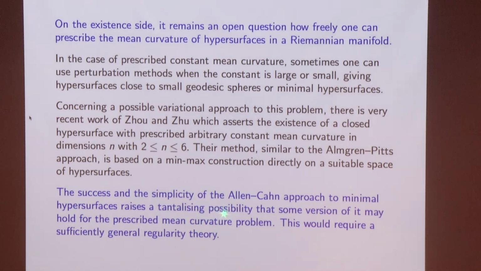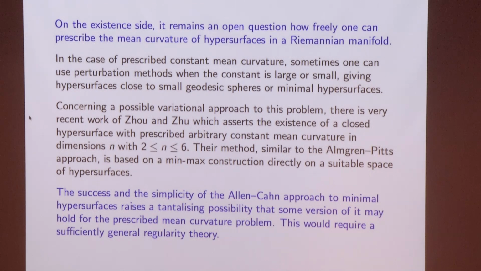Now, given that we have seen this Allen-Cahn alternative, there is a conceptual simplicity, because you're bringing in a lot of PDE to the problem. Your min-max construction, as we saw in the last lecture, is entirely at the level of the PDE.